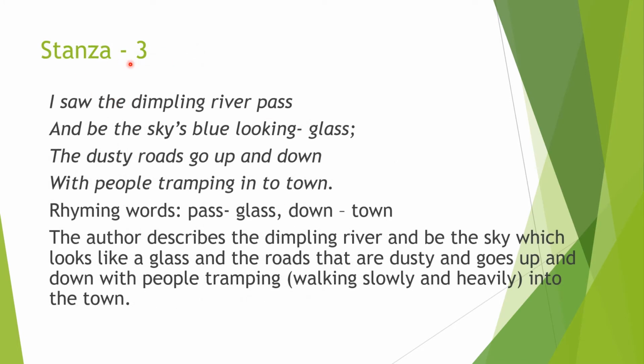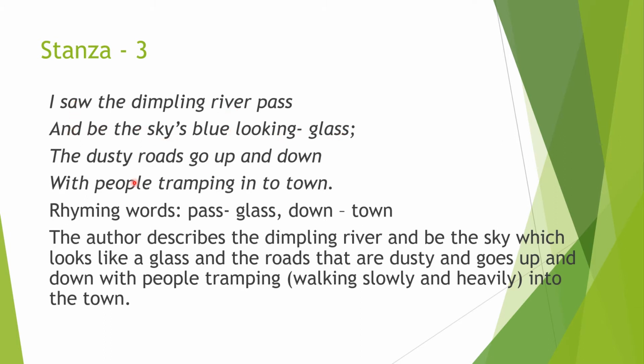In stanza 3, I saw the dimpling river pass and be the sky's blue looking glass. The dusty roads go up and down with people tramping into town. So he is seeing the river is passing through the place which he looks at and be the sky's blue looking glass.